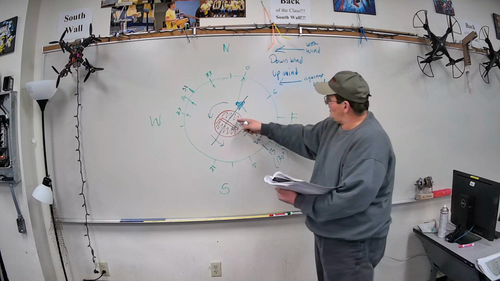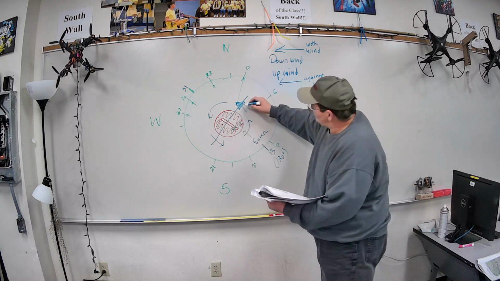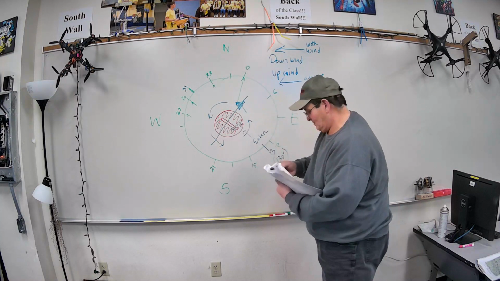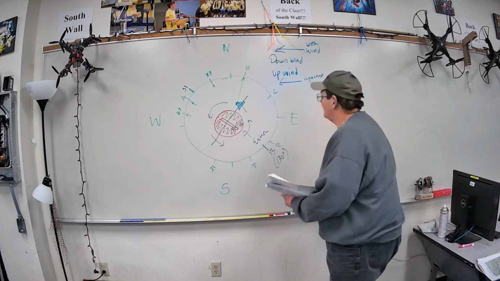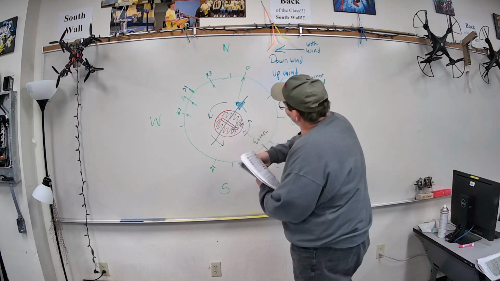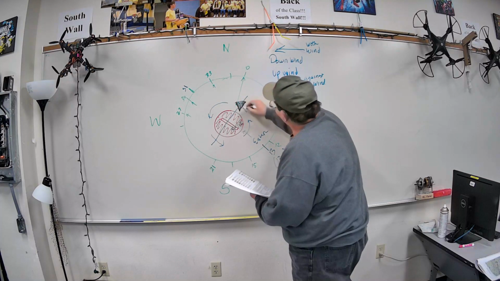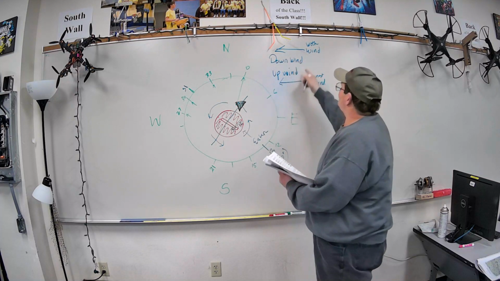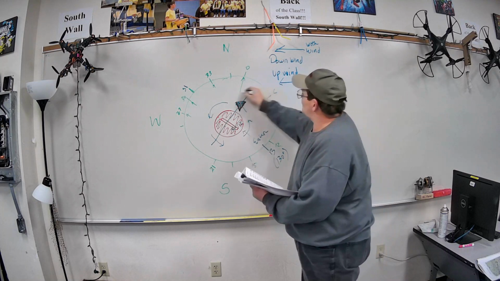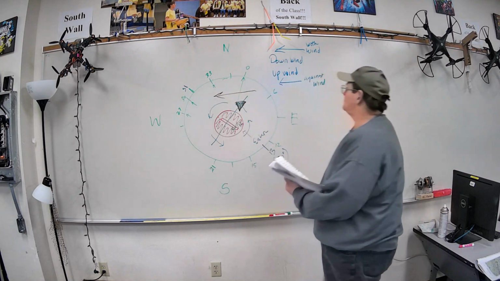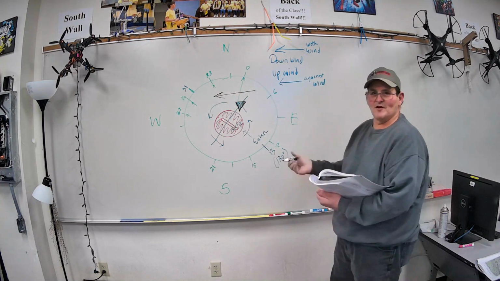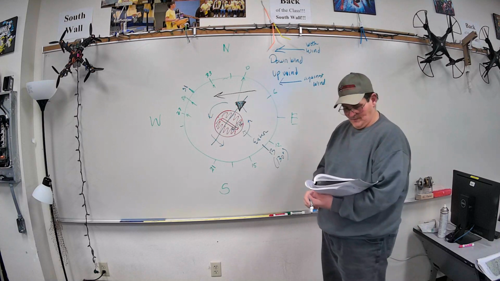That means the runway is left of him. So he has to be right here. The runway is left of him. And downwind means he's going with the wind. That means the wind's actually going this direction. So we even know which way the wind's going.